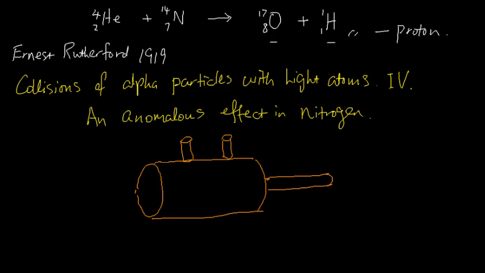is a kind of a silver plate. A silver plate here. Now there is a piece of zinc sulfide here, actually very close to the silver plate, maybe just a few millimeters away.